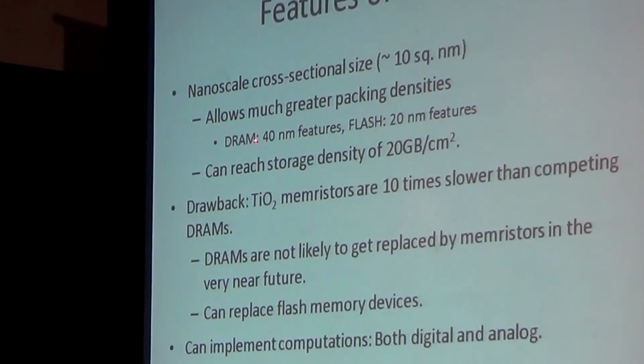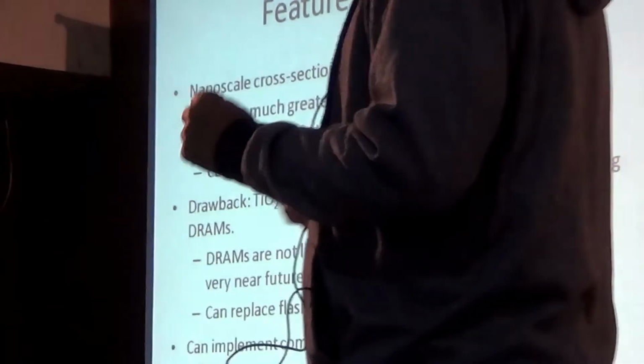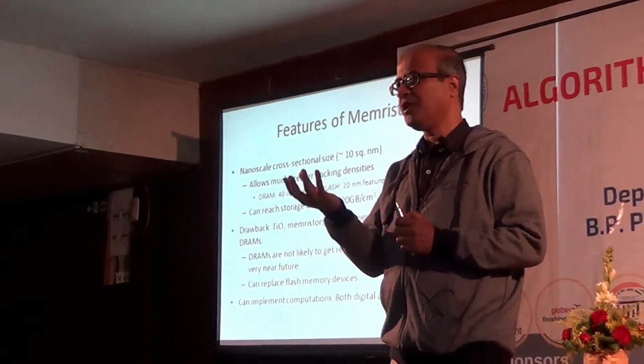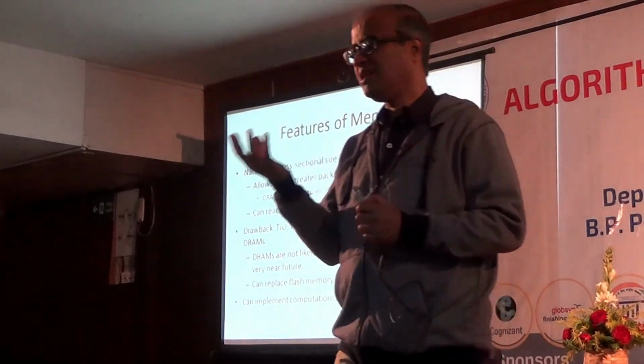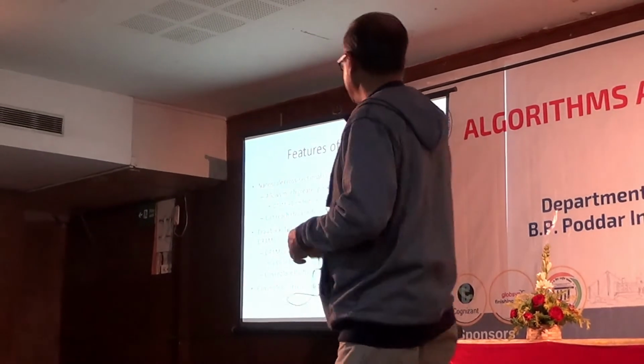They typically have 40 nanometer or 20 nanometer features. So which tells you that memristor has the potential of providing you with much larger memory density, packing density in the memories.